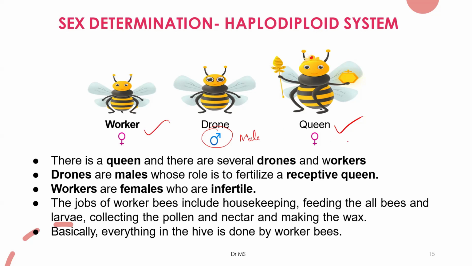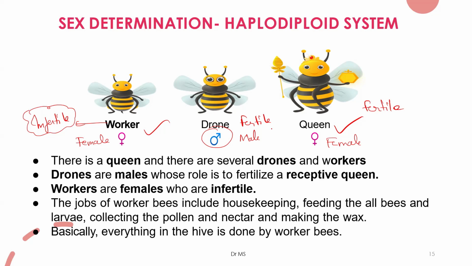Drone is a male, queen is a female, and worker is a female. Remember, the worker is infertile. Only the other two are fertile: the drone and queen are fertile, whereas the worker is infertile.